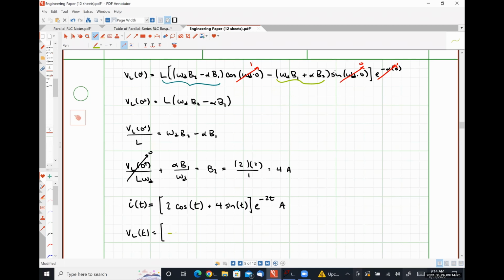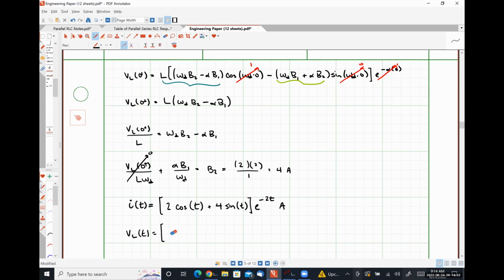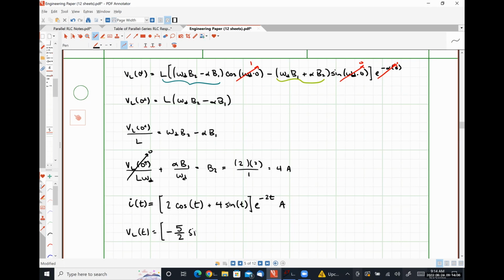So I'm going to have negative 5/2 sine t e to the minus 2t volts.